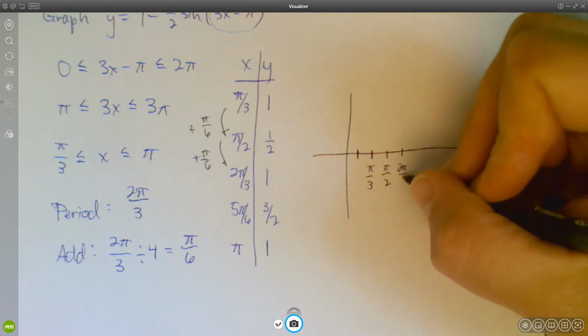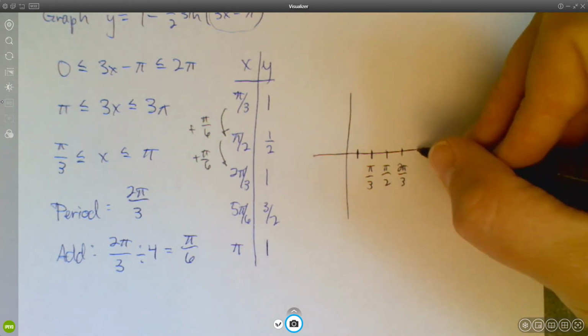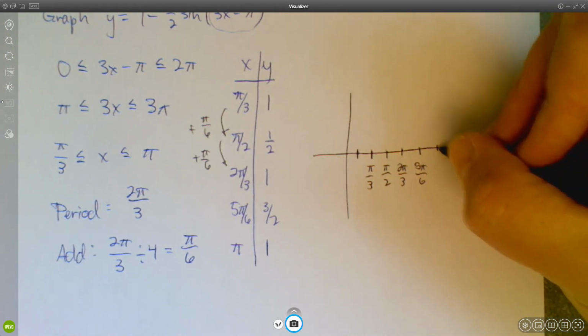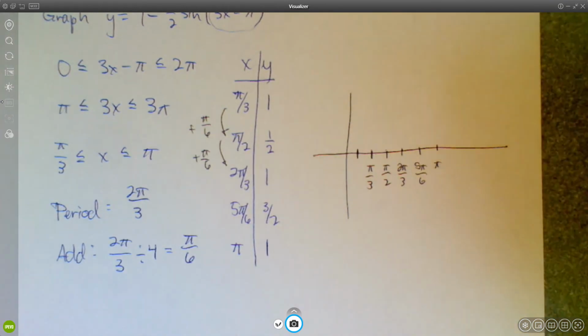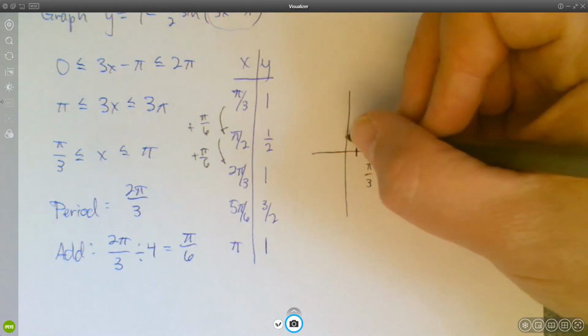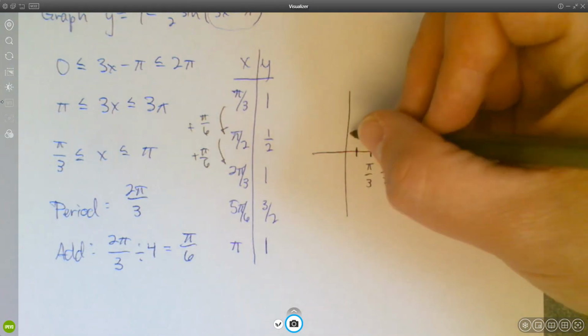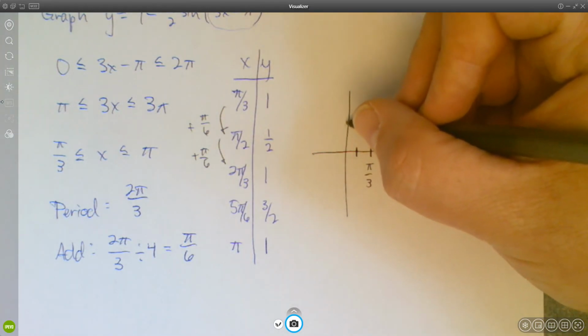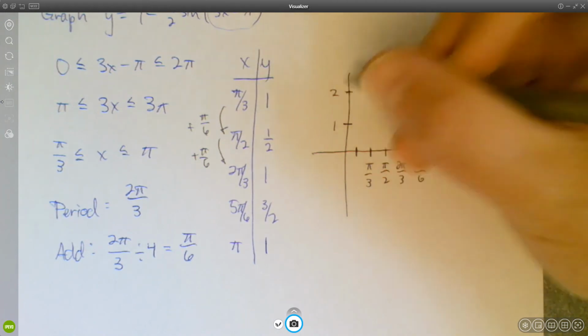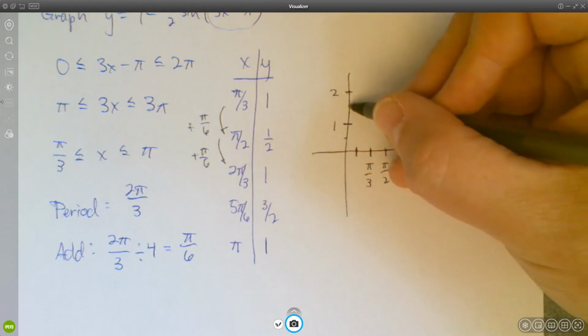2 pi over 3, 5 pi over 6, and then pi. Okay, and then I've got 1/2, 1, and then 3 halves will be right there.